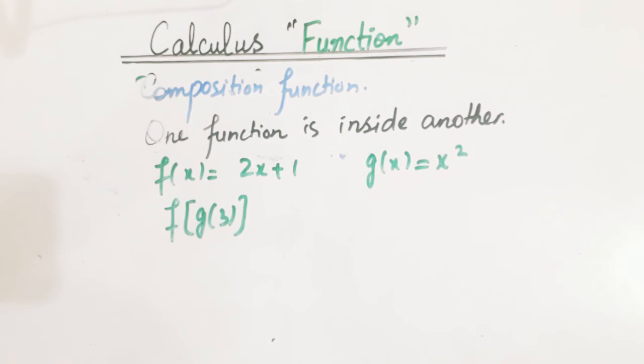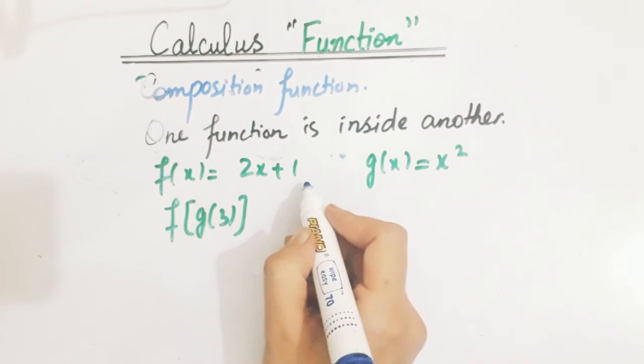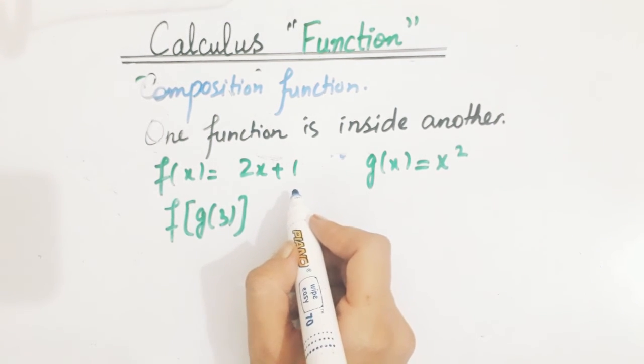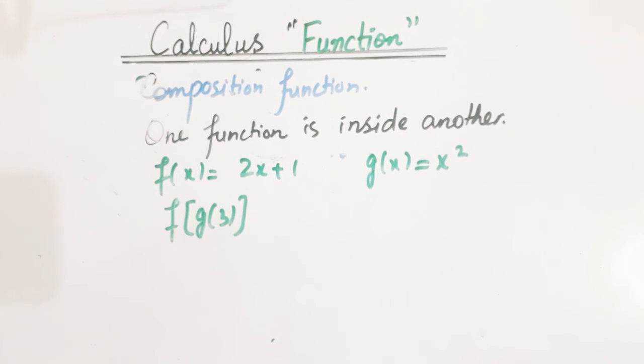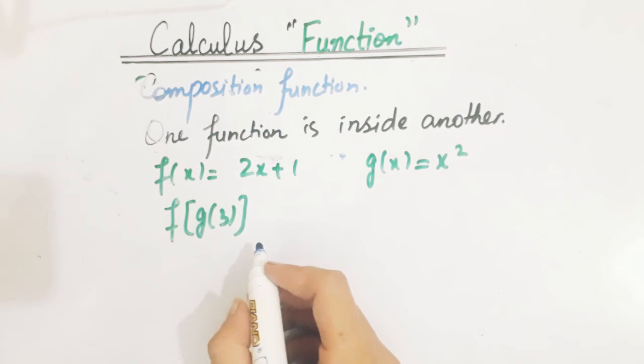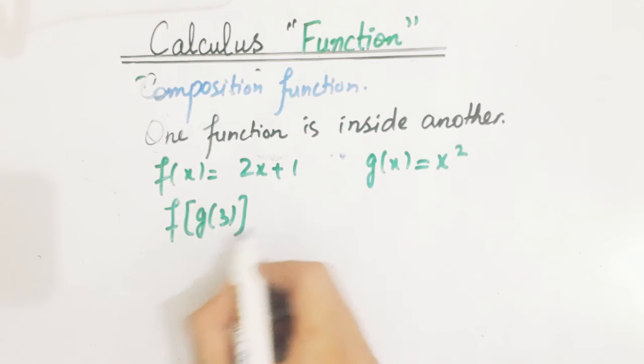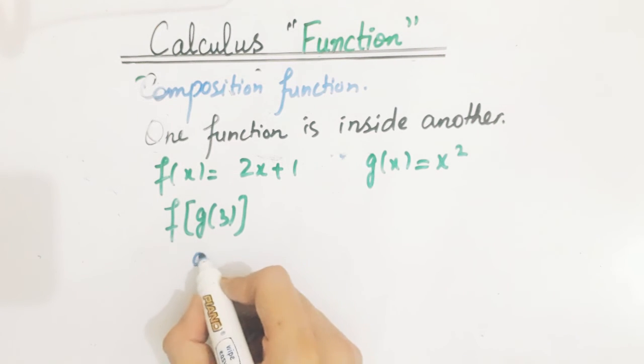So you will solve this as, first of all, consider the functions. You have f of x equals 2x plus 1 and g of x equals x square. So how to solve this? First of all, you will put the value in g of 3.